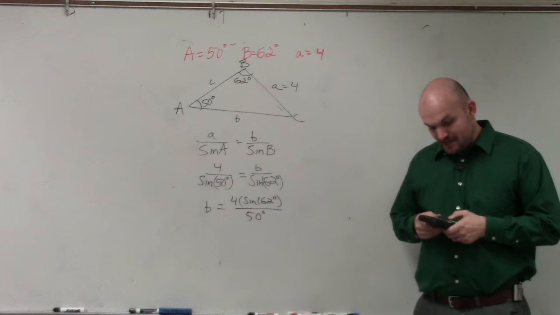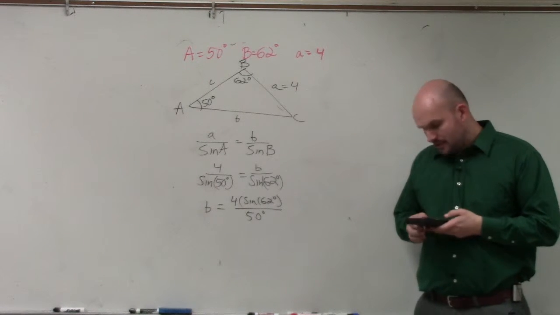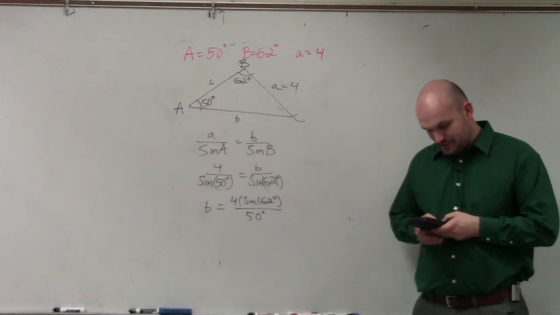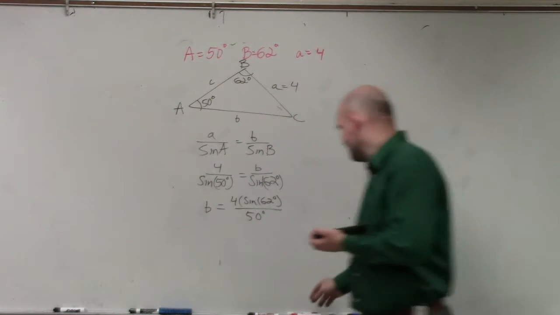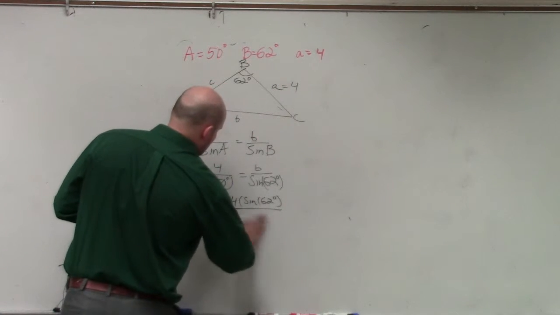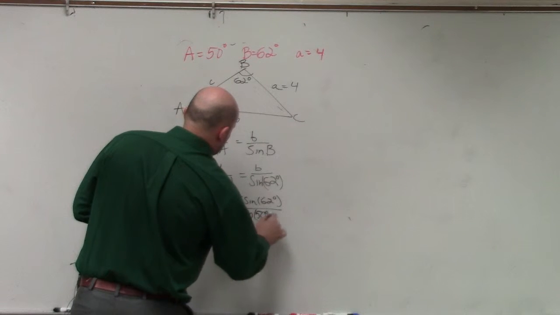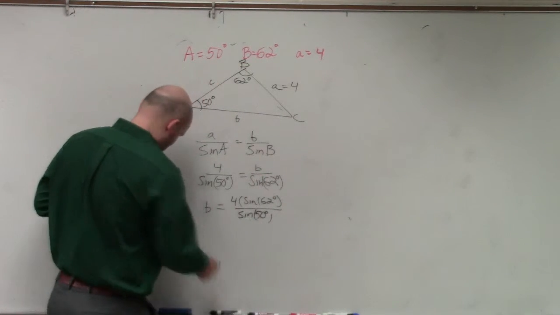Now, make sure your calculator is in degree mode. All you're going to do is 4 times the sine of 62, and then divide that by the sine of 50 degrees.